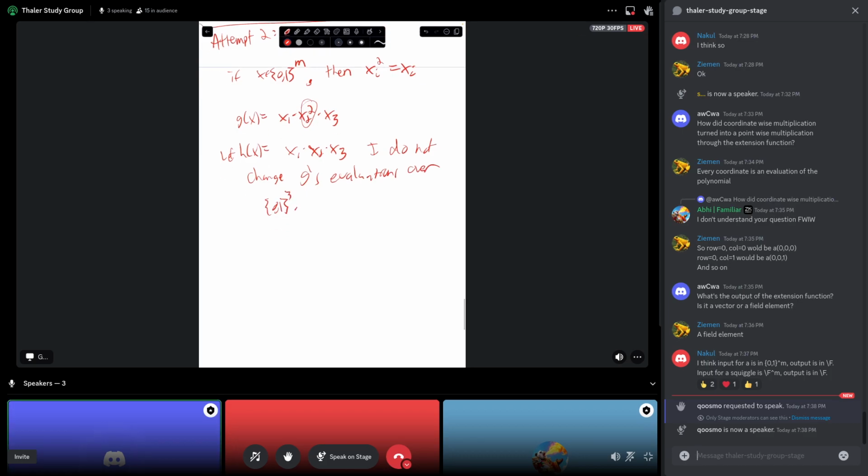As long as I only evaluate G and H over {0,1} to the m, replacing any exponent greater than 1 with 1, I didn't change anything. Okay, so the problem with doing this is that in general, G of x or G of r might be really fast to evaluate.